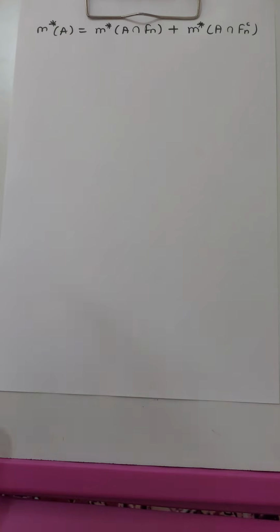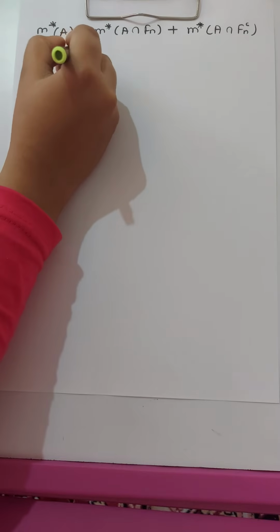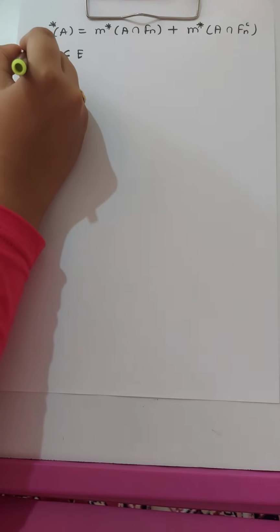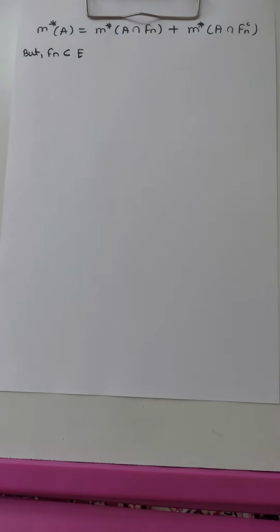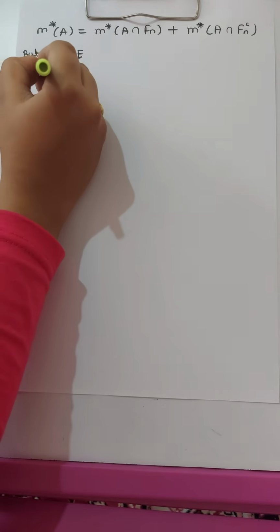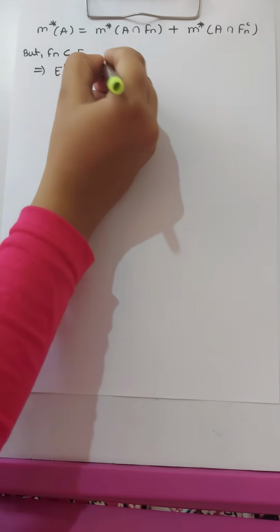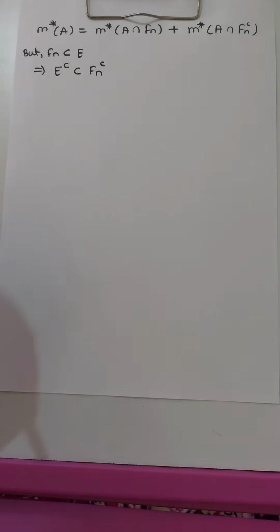Now Fn is a finite union and E is the countable union, so Fn is a subset of E, and this implies that E complement is a subset of Fn complement.